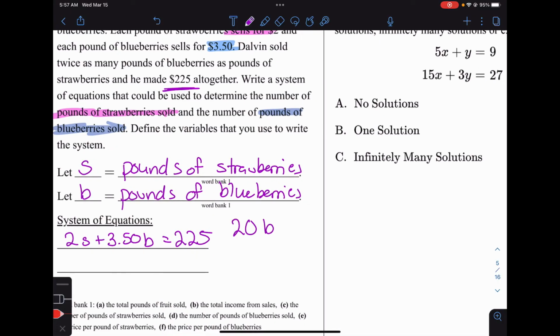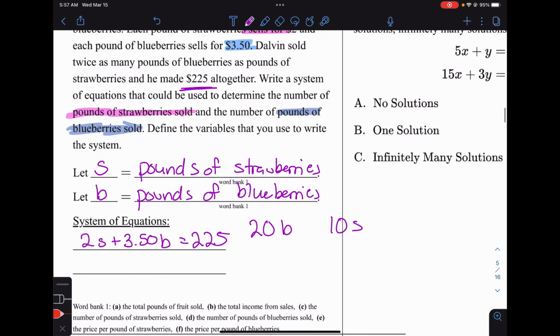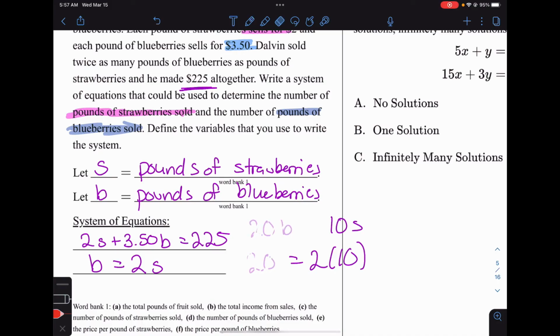That means that he sold 10 pounds of strawberries, right? So what we can say here, if we wanted to set up a system of equations, our number of blueberries would have to be 2 times our number of strawberries, okay? So we could say our number of blueberries equals 2 times our number of strawberries. And this would be our answer here.